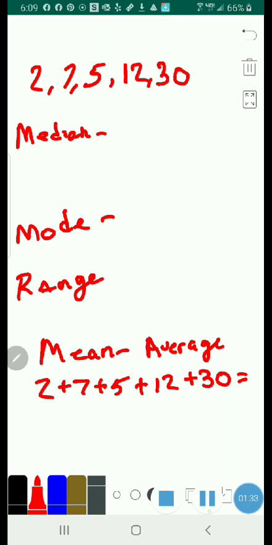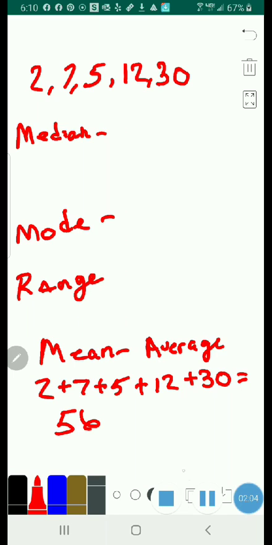I'll give you about 30 seconds to put that into your calculator. Okay, so you guys should have come up with 56 as your number.